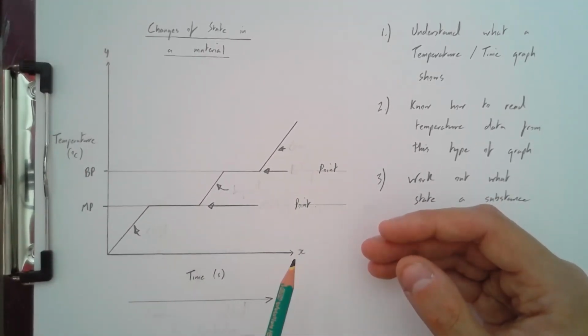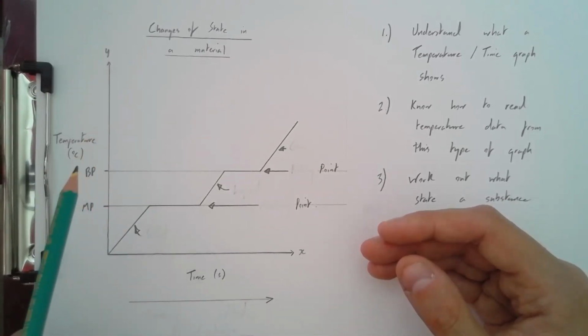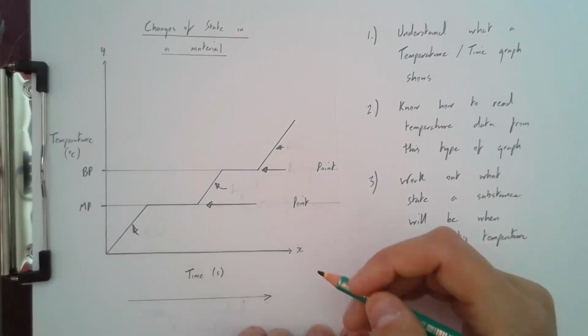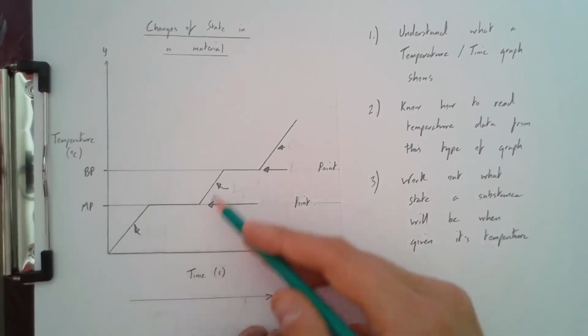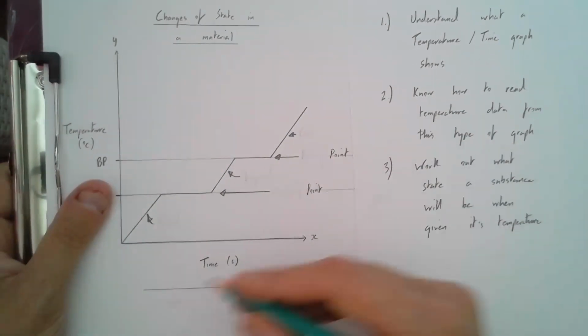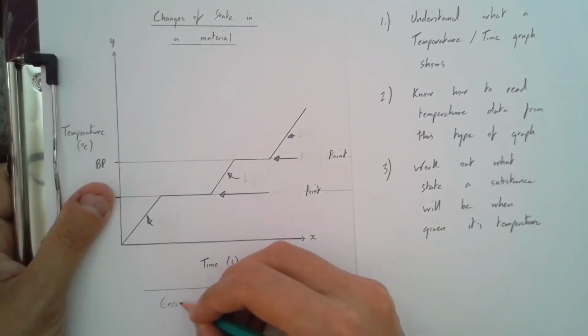So first of all, on this graph you can see we have two axes as always. On our x-axis we have time in seconds, and on our temperature axis we are measuring it in degrees Celsius. Now, as time goes along, we are adding something to a material to make this change in temperature happen. We are adding energy.